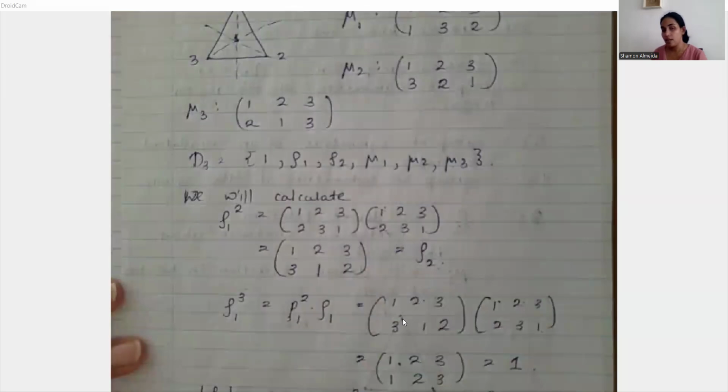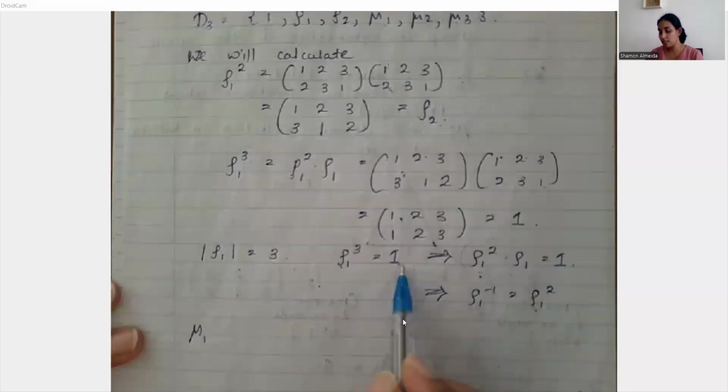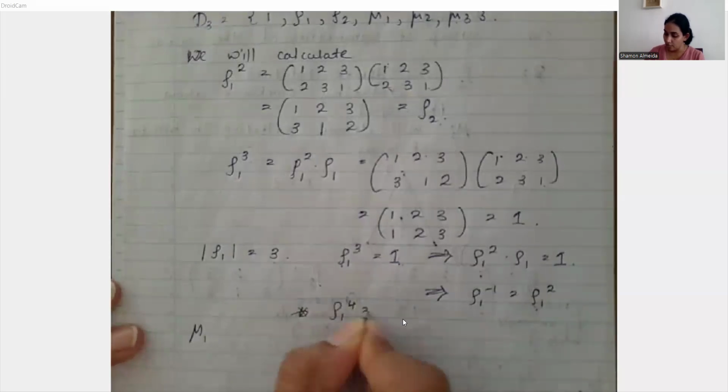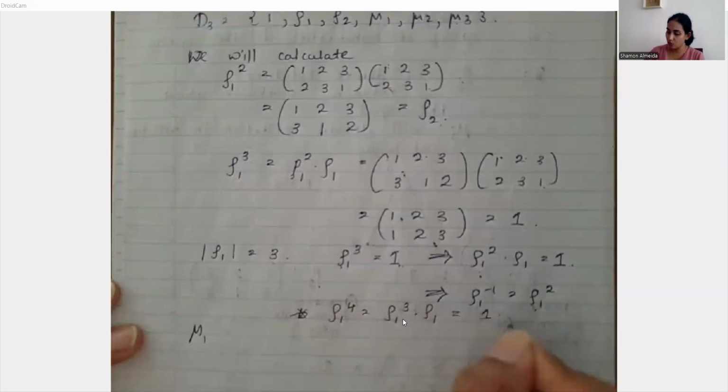Now we know that by simply considering any power of rho 1, we cannot get any other element in this group. Why? Once you have rho 1 cubed to be the identity, if you calculate rho 1 to the power of 4, as a remark, I'll put it over here, you can write it as rho 1 cubed times rho 1. Rho 1 cubed is the identity times rho 1.